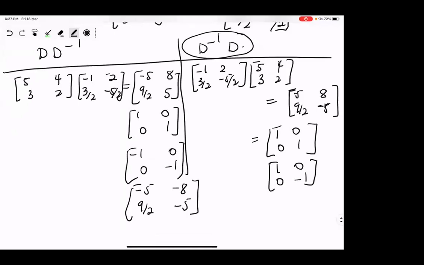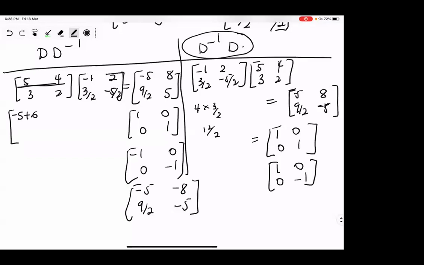So for D times D inverse, we multiply the rows by the columns. 5 goes to -1, so we have 5 times -1, that is -5. 4 will go to 3 over 2, so 4 times 3 over 2 is 12 over 2, which is 6. So here plus 6. Then the same row, multiplying the second column.